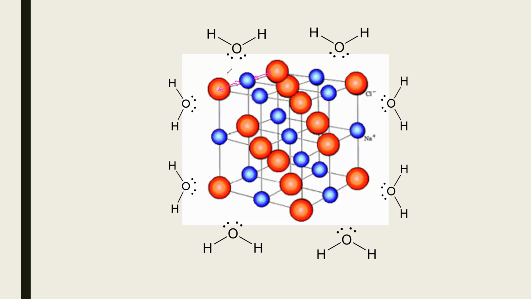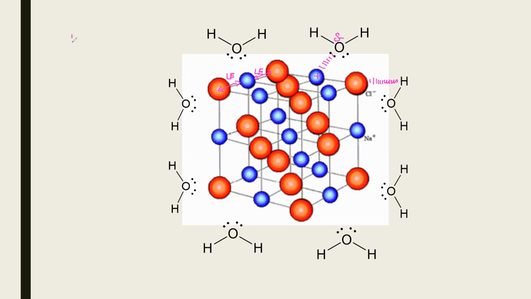This one we measure using lattice energy, right? And then for the hydration, you are talking about how the Cl minus is attracted to the hydrogen, or how the positive charge will attract to the partial negative of the hydrogens in here.